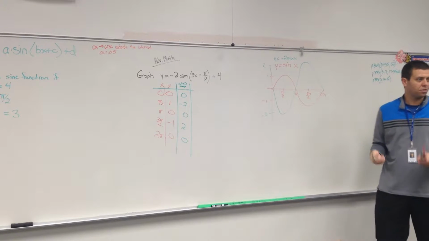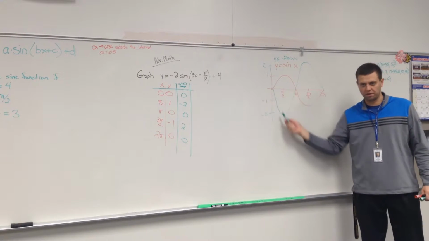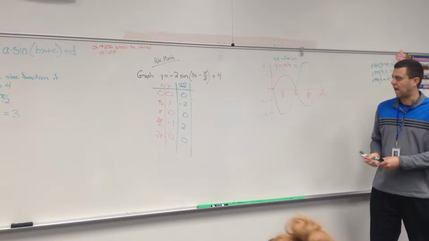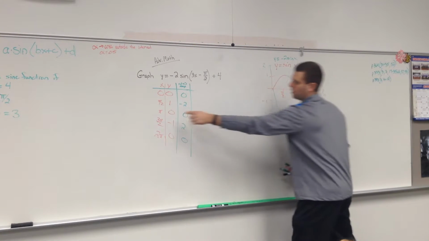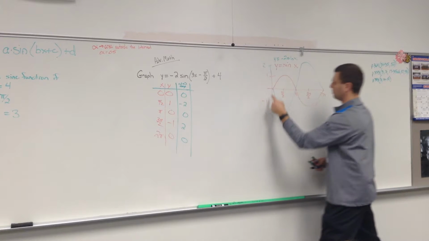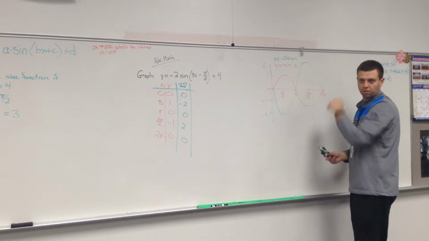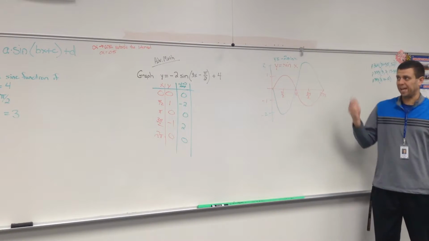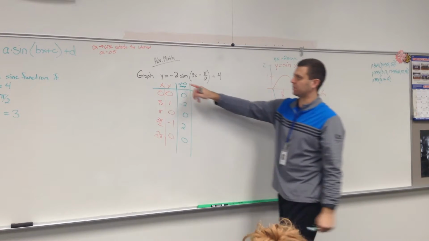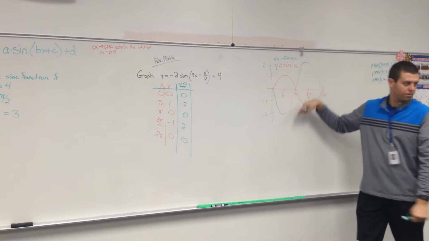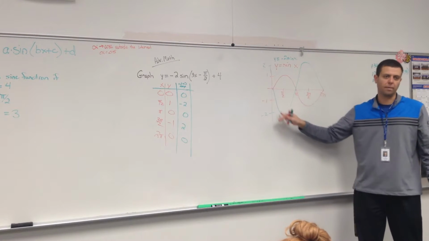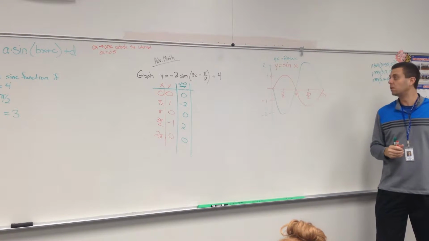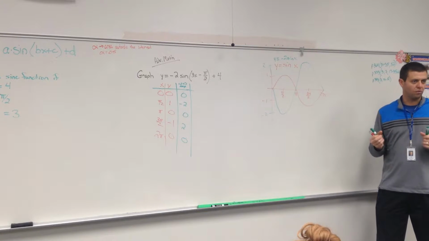Everybody see how the amplitude increased and it started going negative first? How do I know those coordinates? Well, I can see them. 0, 0, pi over 2, -2, and so on. So that's how the a value affects the parent function. It made the amplitude a larger number and made it start by going negative first. How are we doing? Questions so far?